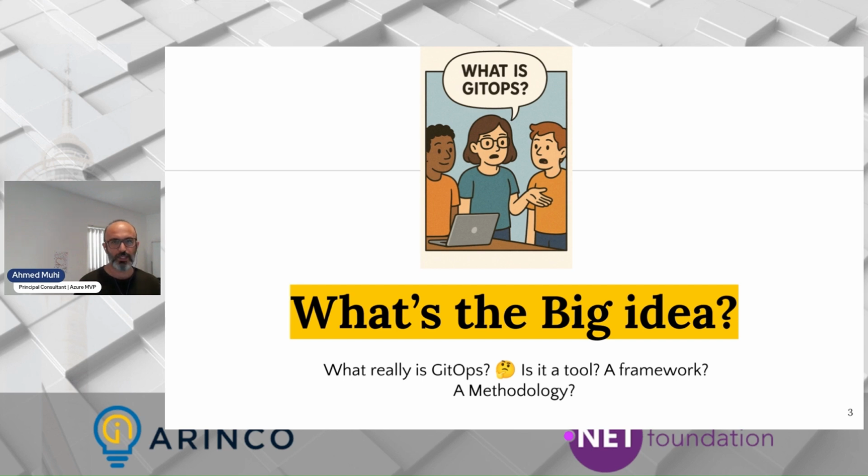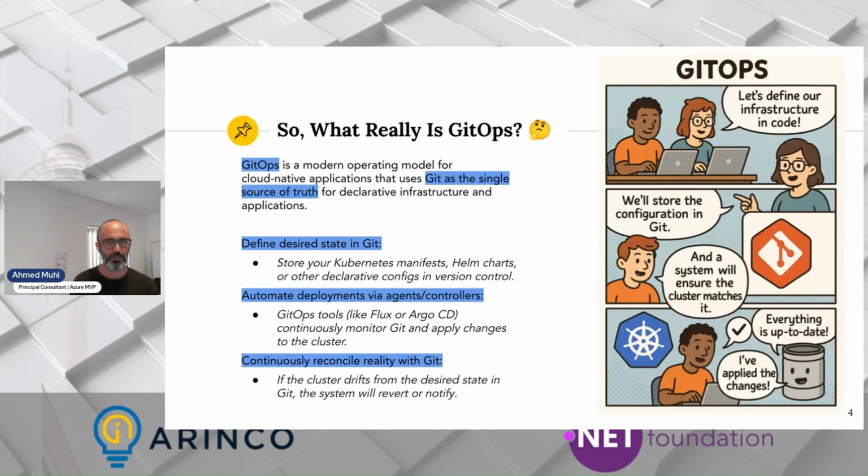Is it a tool? Is it a framework? Is it a methodology? And of course, the answer is all. GitOps, as officially defined by the CNCF and the Open GitOps group, is a modern way of deploying cloud native applications.